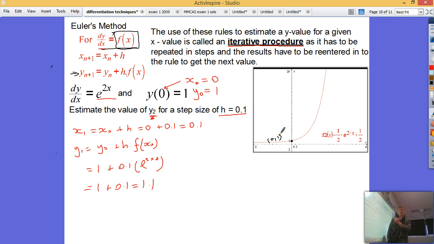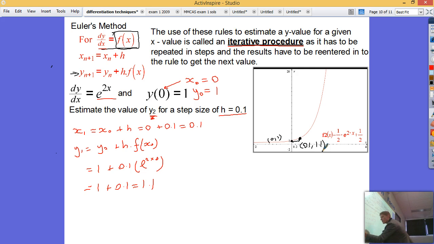Now I've worked out x1 and y1. If I take one step across, that's my step size h, and then I go up a little bit to get my y value. There's another point. That is x1, y1: when x is 0.1, y is 1.1.